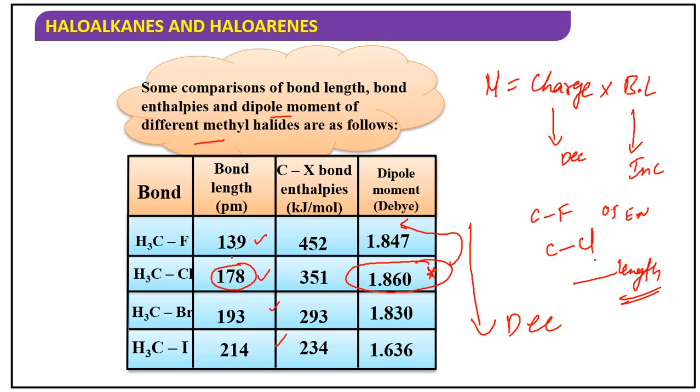Such a long distance increase means obviously the dipole moment is more. You can see bond enthalpy: when bond length is more, bond strength is less, and the values are decreasing. Here there is no exception; the only exception is in the dipole moment. You just have to remember C-Cl. The reason is given: C-Cl bond length suddenly increases.